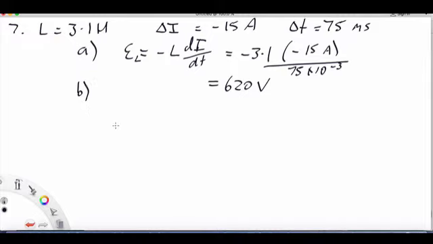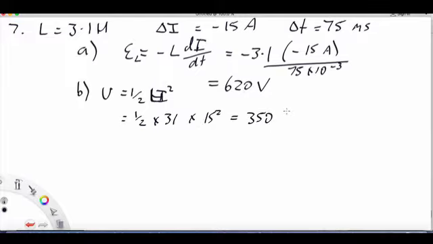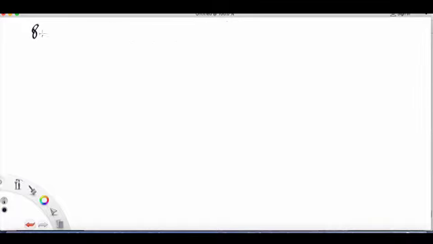And part B, we have, again, energy is a half L i squared, which is going to be a half times 3.1 times 15 squared when it was at its maximum, and that is approximately 350 joules. Now, number 8, we have a solenoid and the inductance is 6.3 millihenries, and the resistor has a resistance of 1.2 kilo ohms.